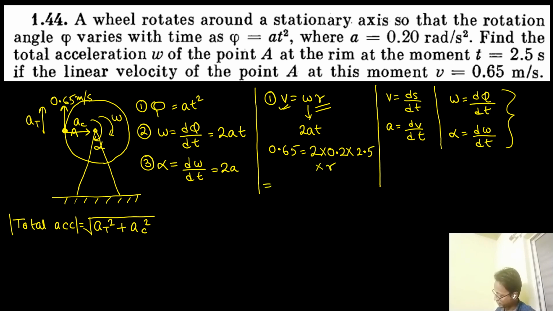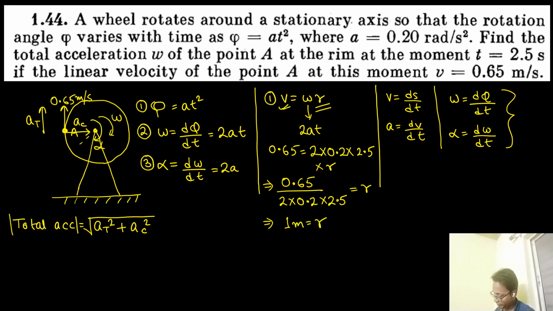So r equals 0.65 divided by (2 into 0.2 into 2.5), and the value of r becomes 1 meter.